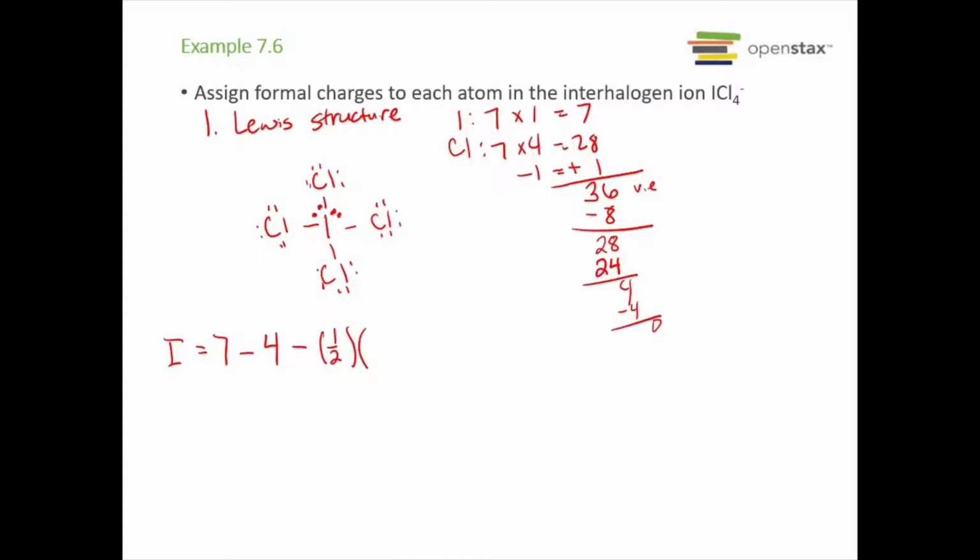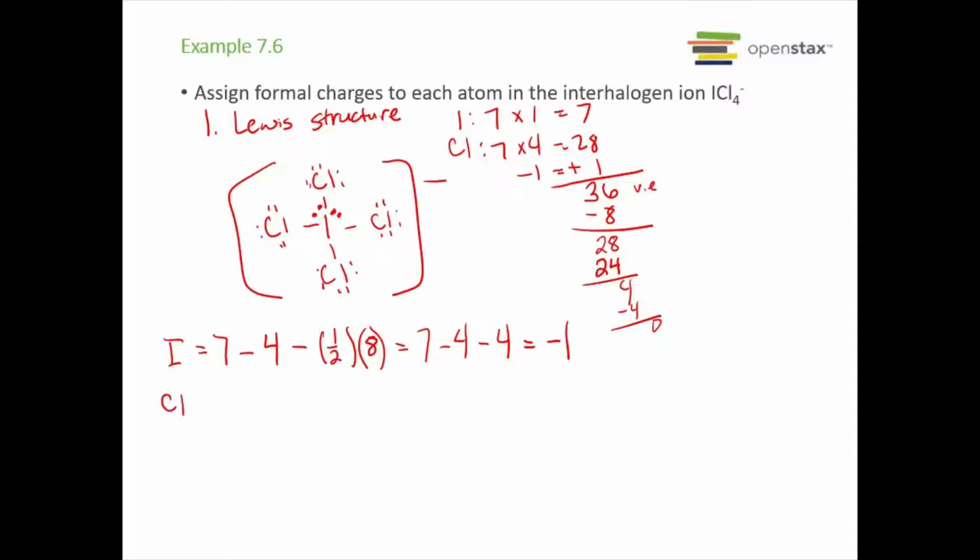It has 4 single bonds, which means there are 8 bonding electrons. So 1/2 times 8. We have 7 minus 4 minus 4, which gives us a formal charge of -1. Oh, that reminds me, I've got to put the negative around our molecule.